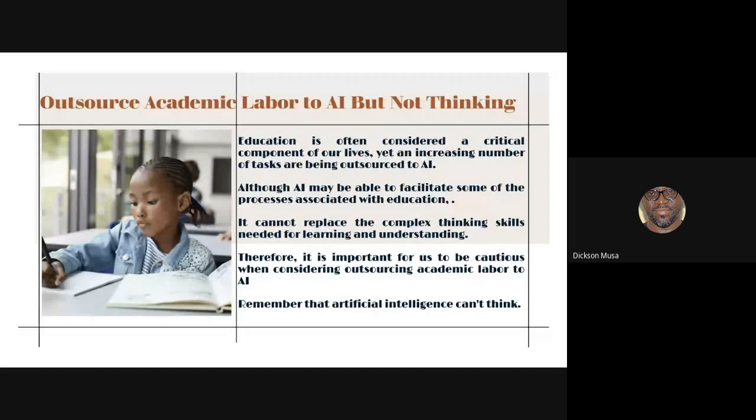How should we use AI? We outsource the laborious academic work to AI, but not the thinking. AI should not be the one to think for us. What some of the laborious work is, you need to read through hundreds to thousands of academic papers.